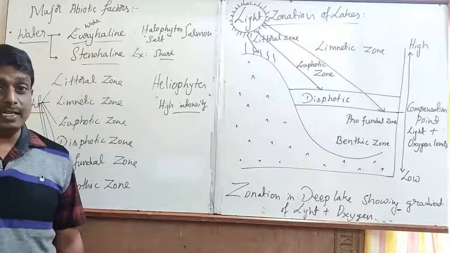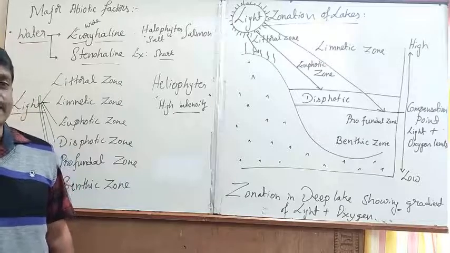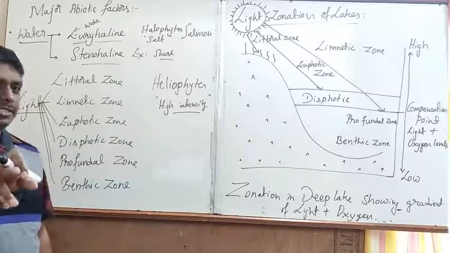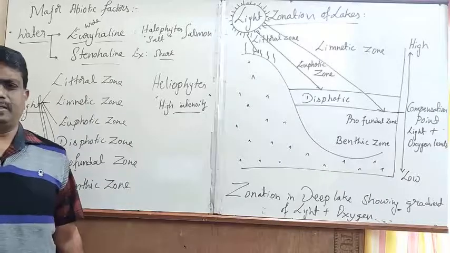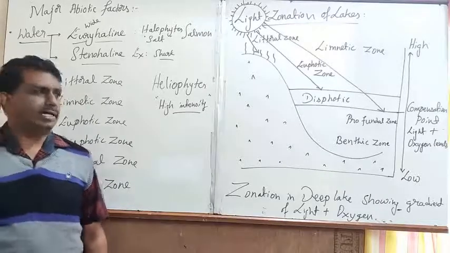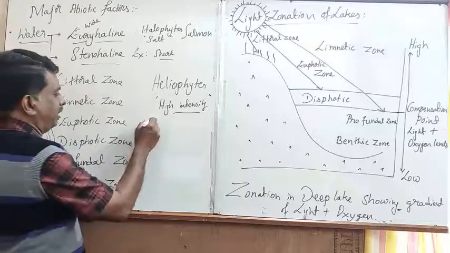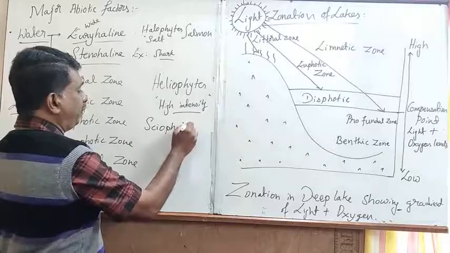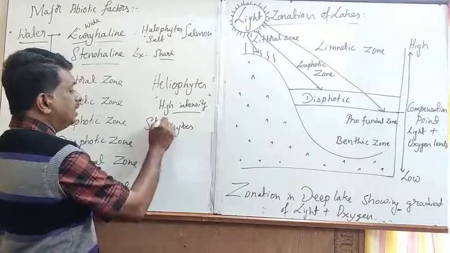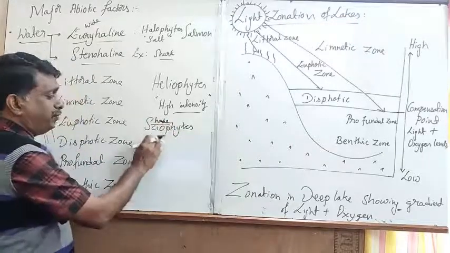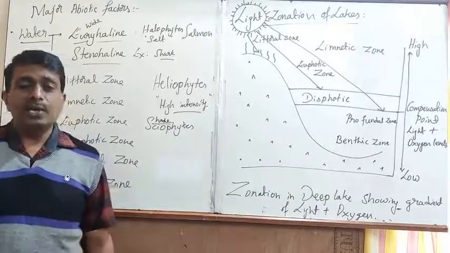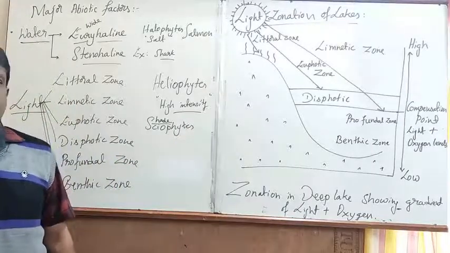The scientific name of sunflower is Helianthus annuus. It requires high intensity of sunlight. The second important type is sciophytes. Sciophytes are called shade-loving plants. They require low intensity of sunlight.